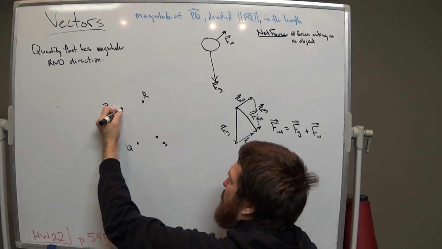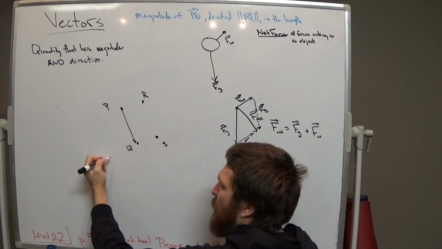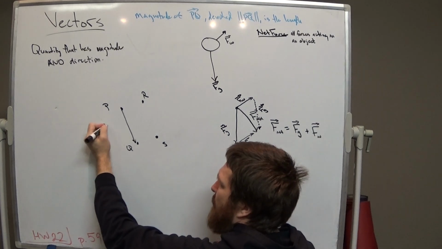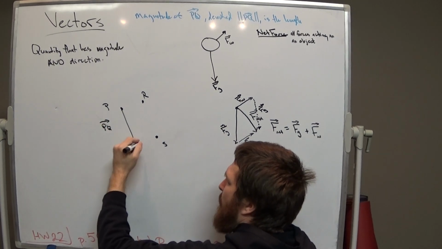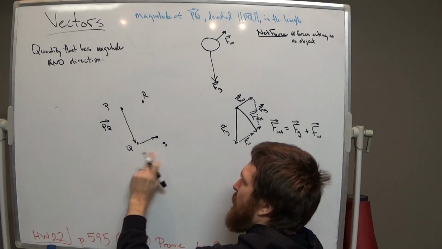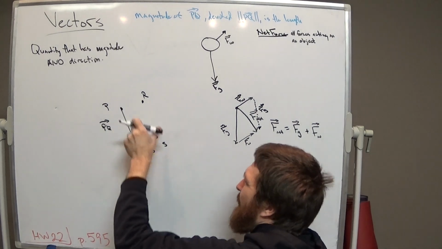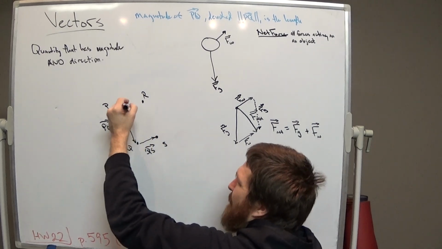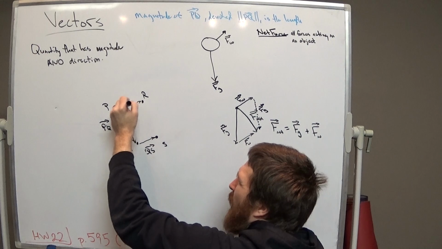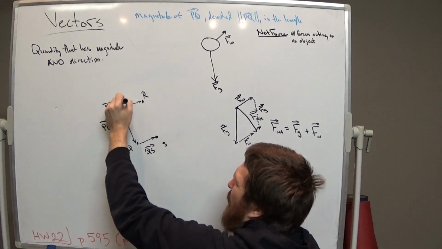And we could say, okay, here's a vector. And using the book's idea here, that's the vector PQ. This would be the vector QS. And it may not look like it, but I've drawn these the same size. So on one hand, this is the vector PR.